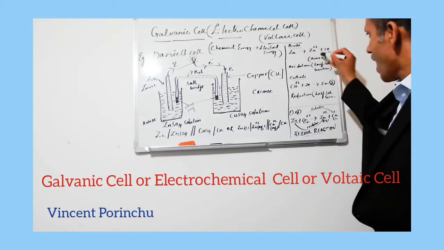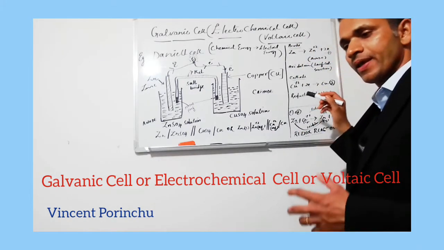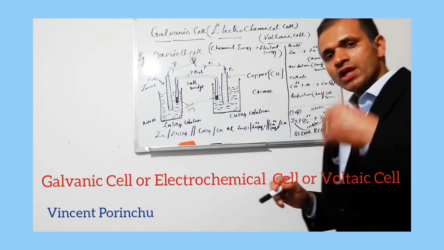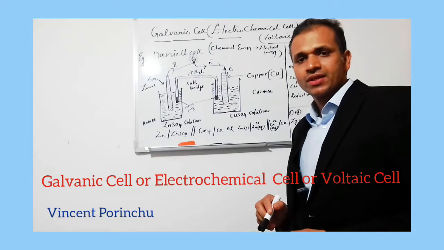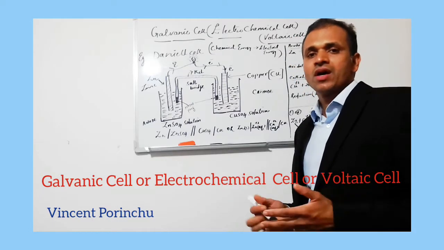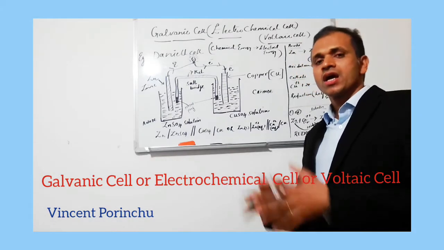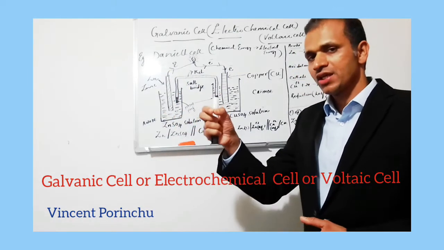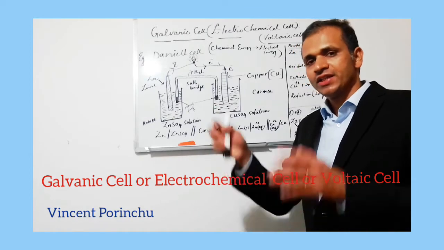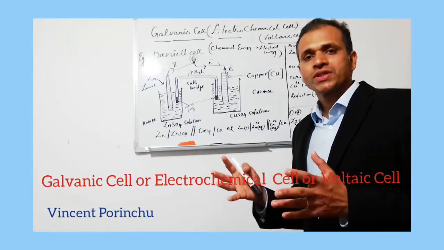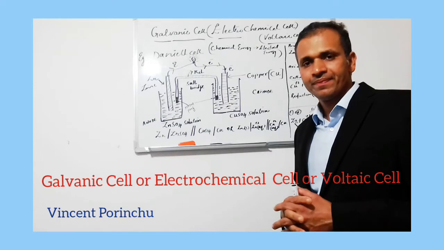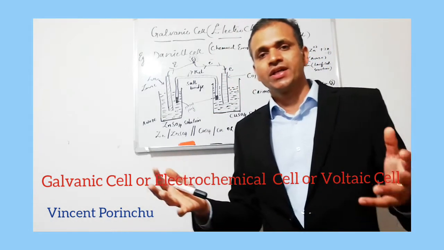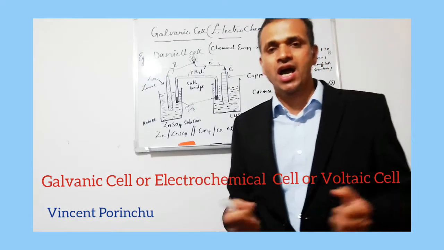When we add up those two individual half cell reactions, they are known as the oxidation half cell reaction and the reduction half cell reaction. The zinc rod dipped in zinc sulfate is known as the oxidation half cell, and the copper rod dipped in copper sulfate solution is known as the reduction half cell.